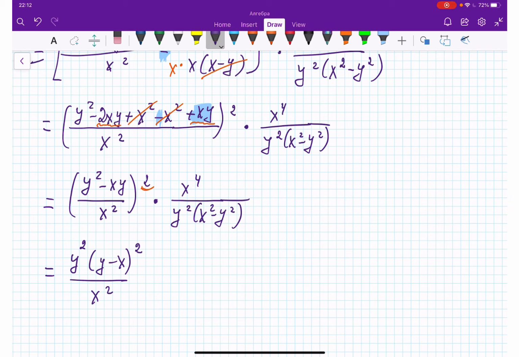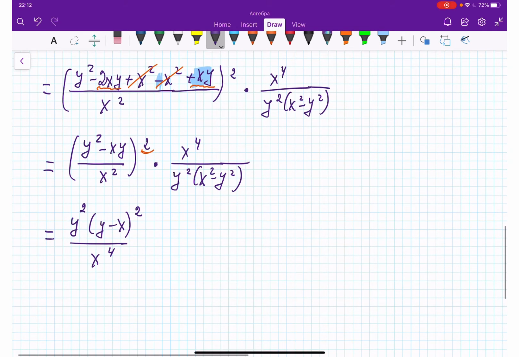I distributed that square, and this x squared will become x to the 4, right, because of this square. As always, I'm just going to go slow, so as not to create confusion or misunderstanding.